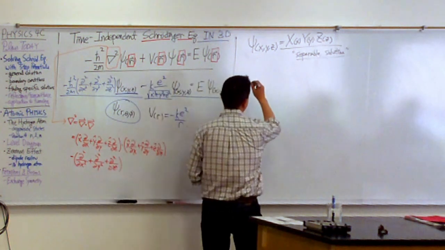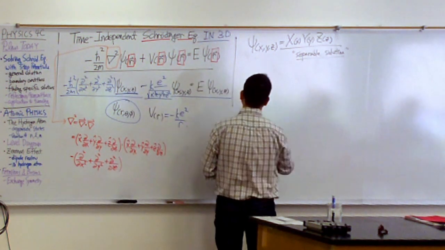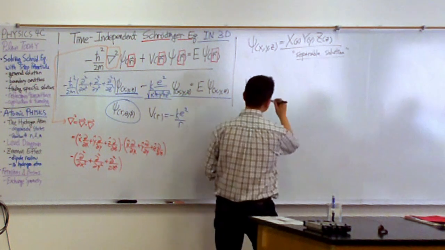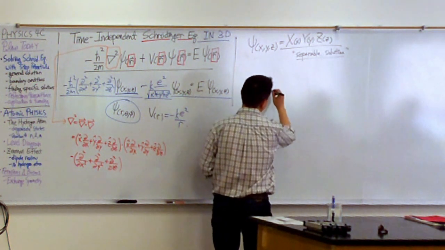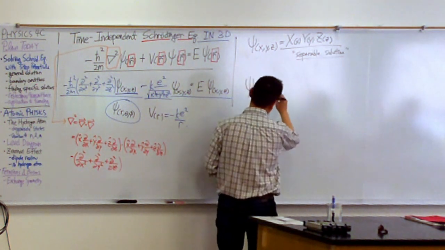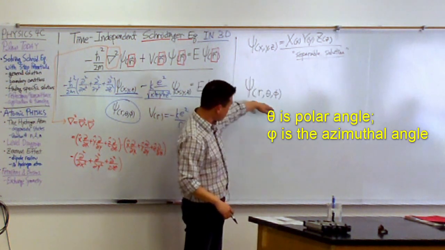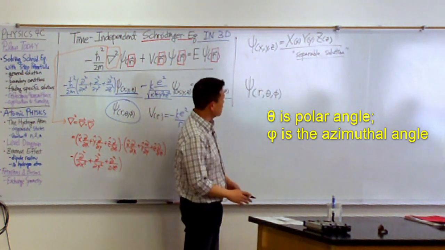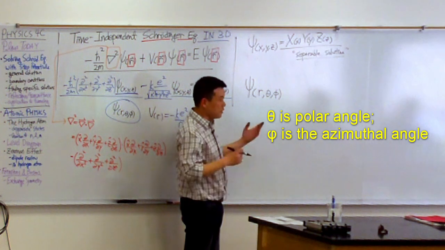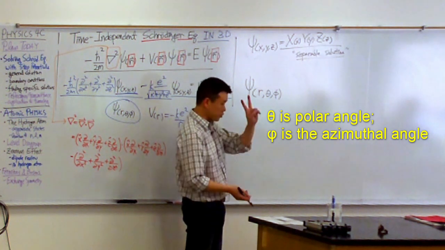And for the hydrogen atom, this function of radius, azimuthal angle, and whatever the other angle phi is, you can separate into two solutions.